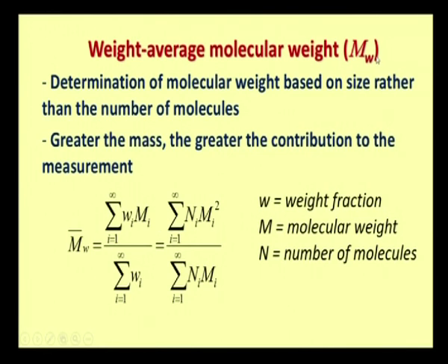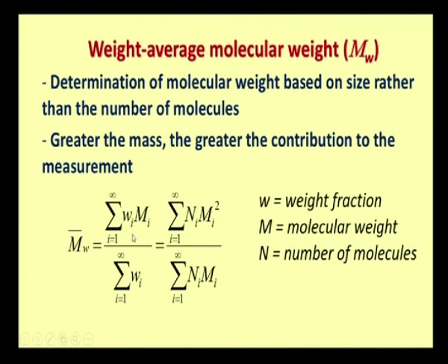This weight average molecular weight is given by a simple formula like this, where MW bar is given by summation of Wi Mi divided by the total weight, which is again equal to sigma Ni Mi square, where N represents the number of molecules, M represents the molecular weight of the corresponding polymer molecules, and W is the weight fraction.